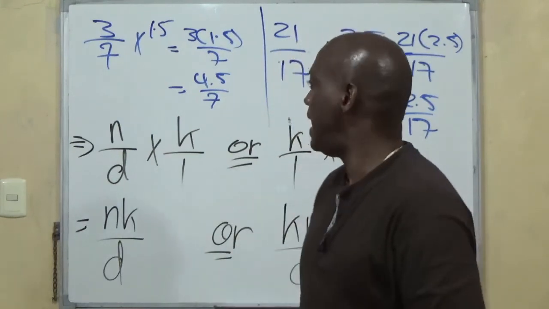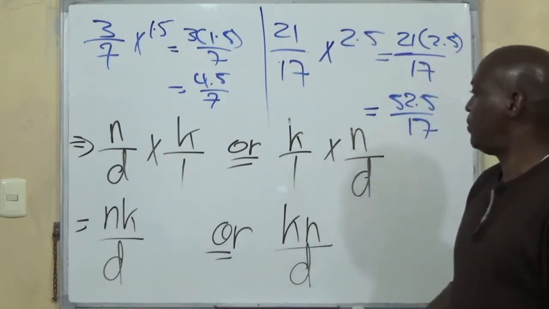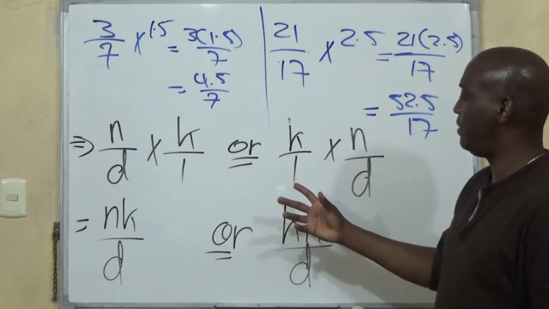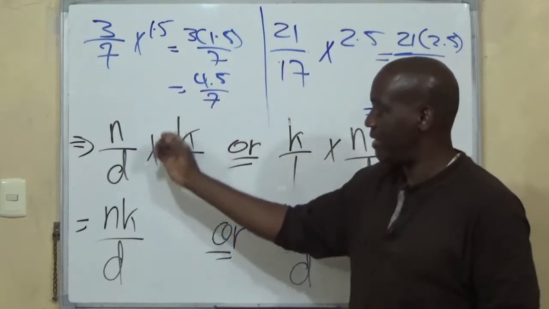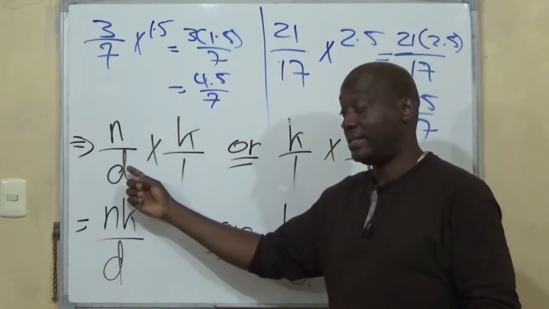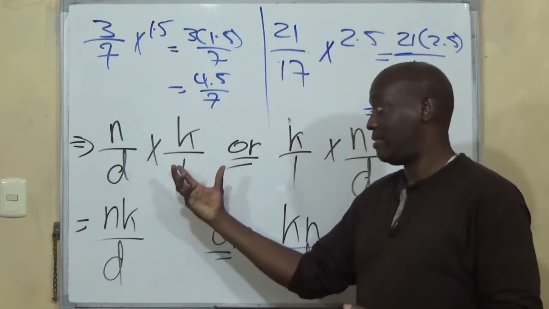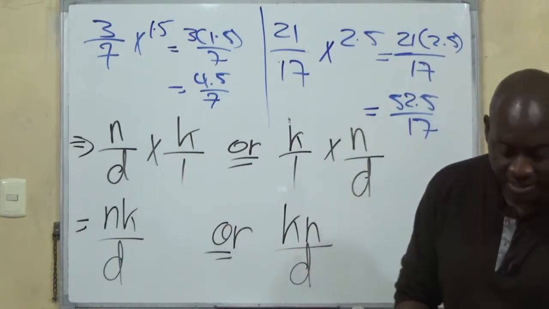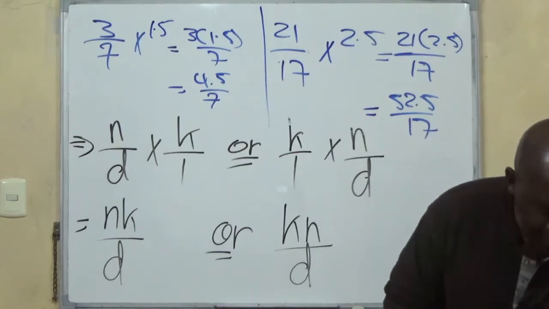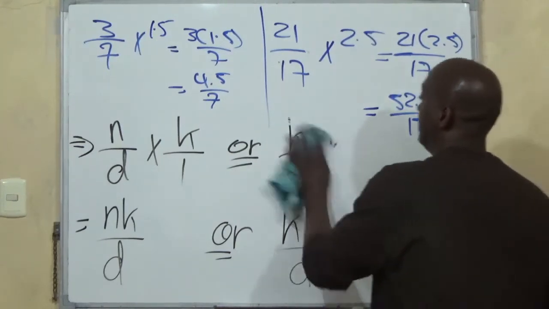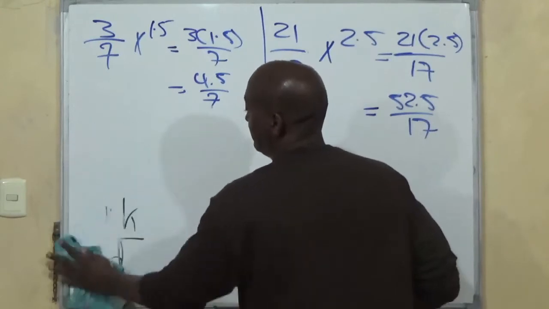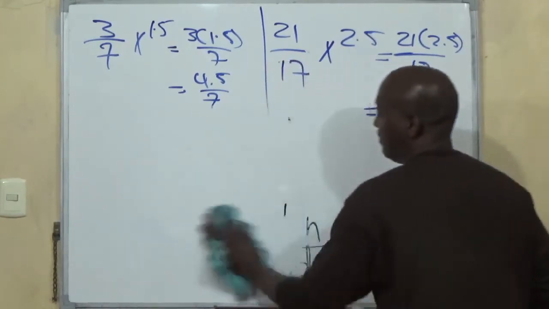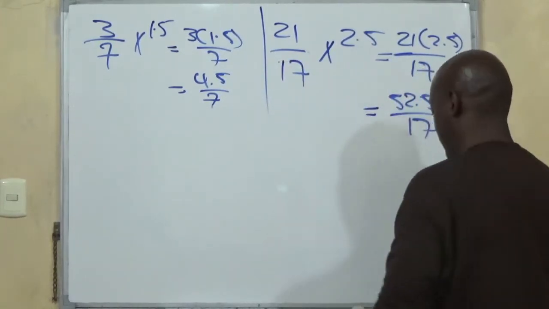Alright? Nice. So again, just to round off the video, you're multiplying a regular fraction, numerator over denominator, by k, which you could write as k over 1. You get nk over d. Let me just write it in more generic terms, leaving out the over 1, just to drive home the point.